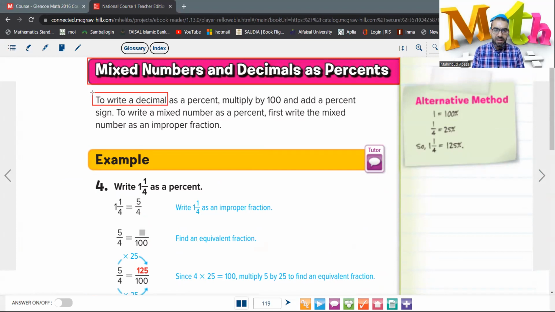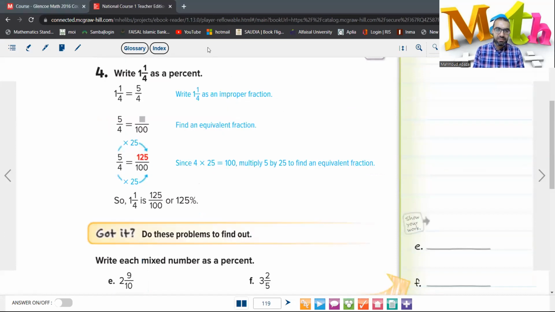To write a decimal as a percent, just multiply by 100 and add a percent sign. To write a mixed number as a percent, first write the mixed number as an improper fraction. Let's see examples. Example 4.